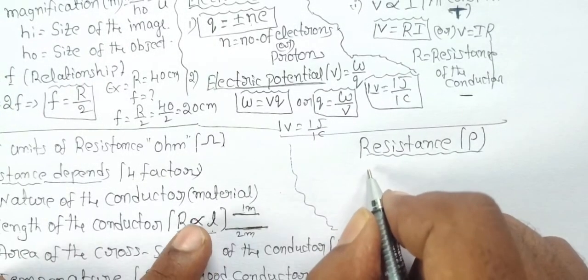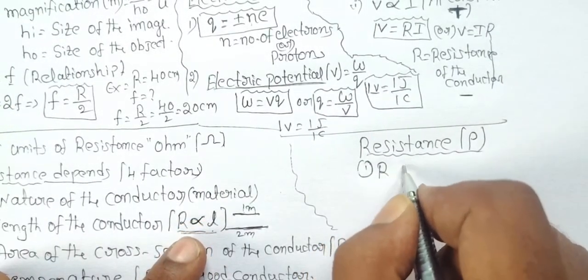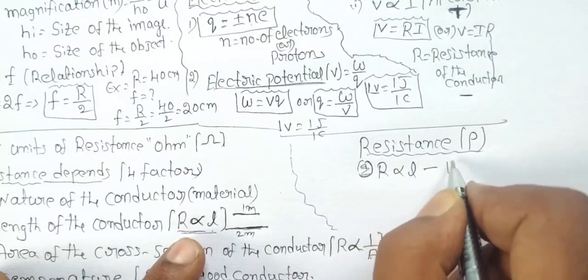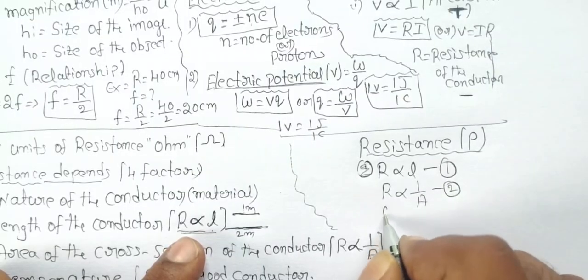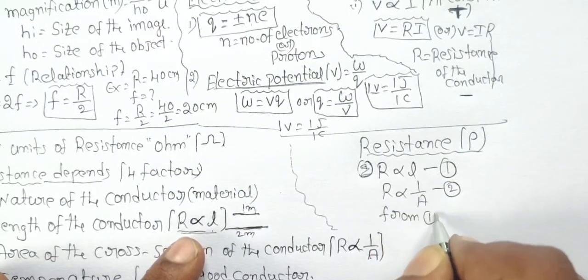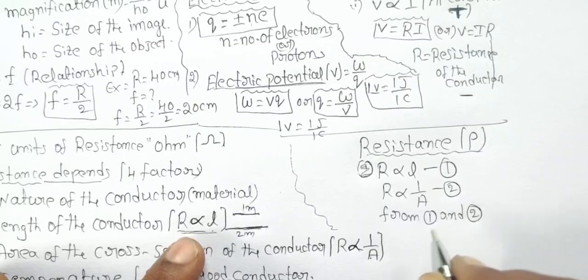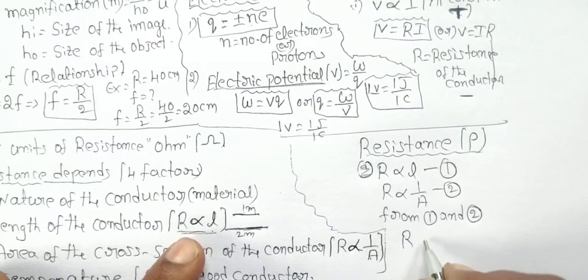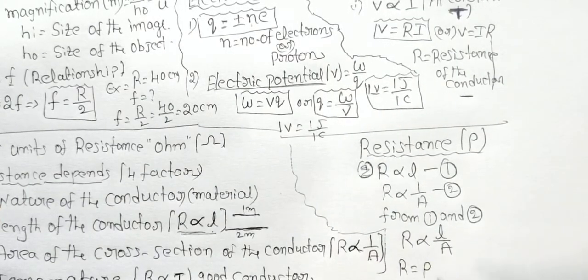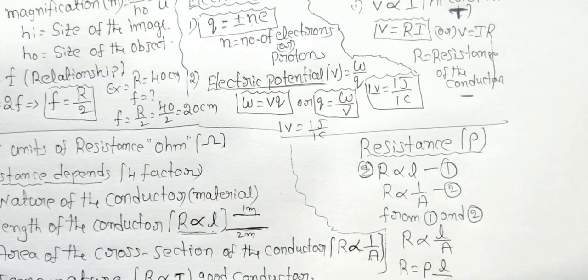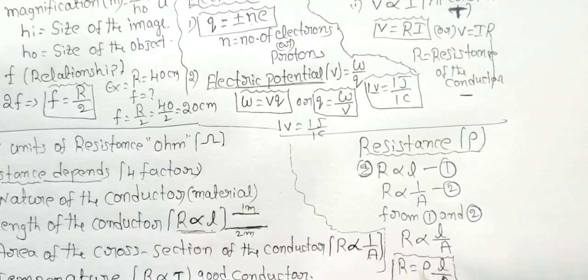We already saw that first, R is directly proportional to L. Next, R is inversely proportional to 1 by A. From 1 and 2, we can write R is proportional to L by A. To equate this proportionality, we introduce one constant, and that constant is resistivity, rho. So R is equal to rho L by A. This is the main formula.